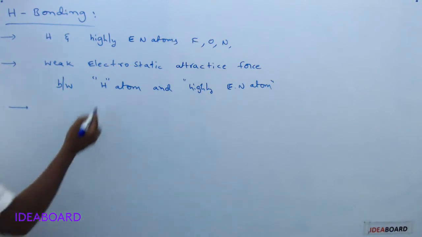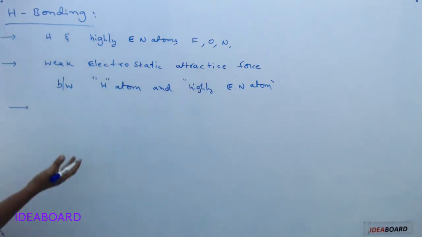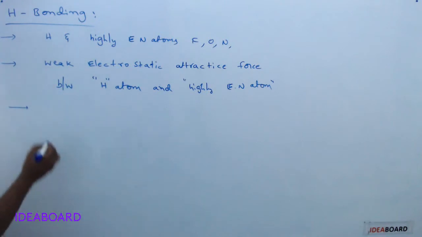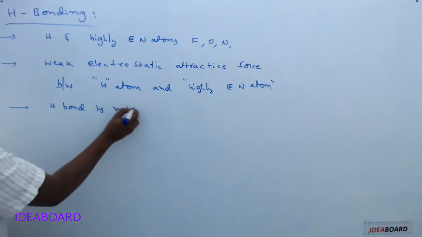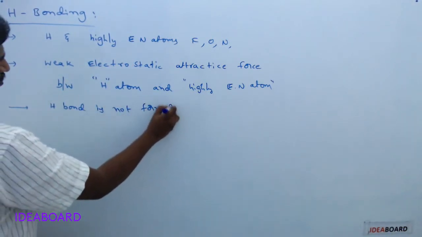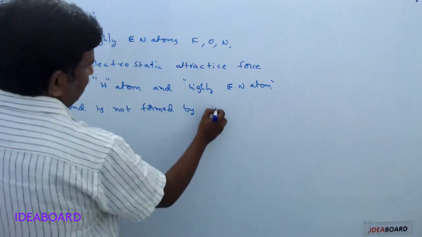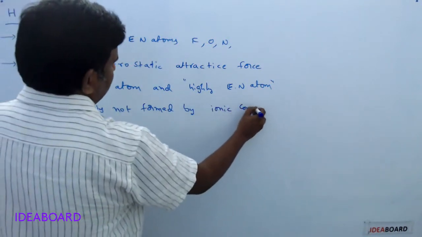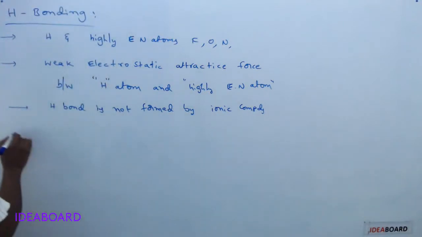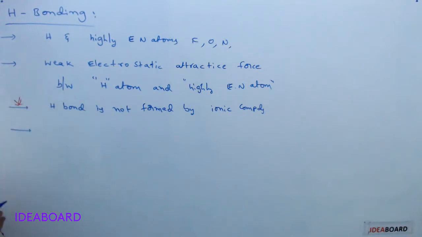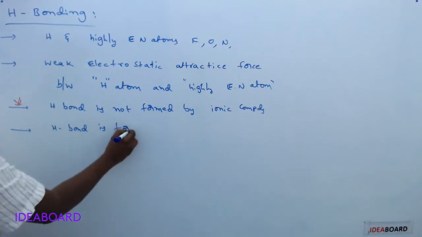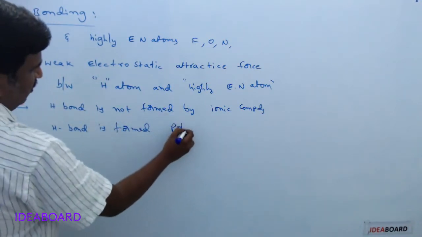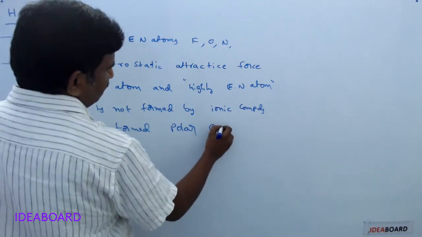When we talk about electrostatic attractive forces, you may think it is present in ionic compounds. Very, very important: hydrogen bond is not formed by ionic compounds. Hydrogen bond is formed by polar covalent compounds.